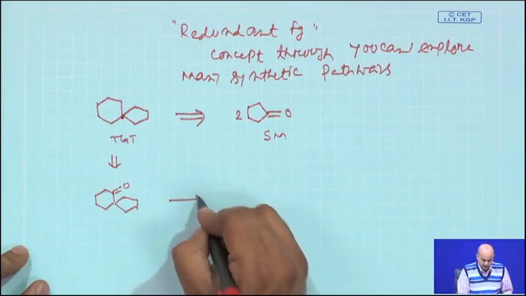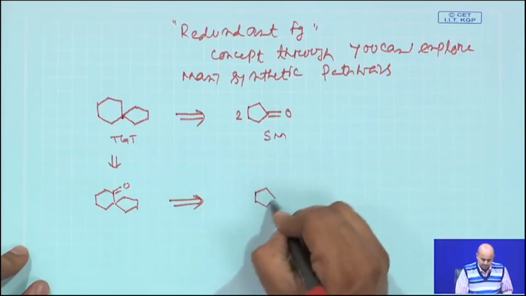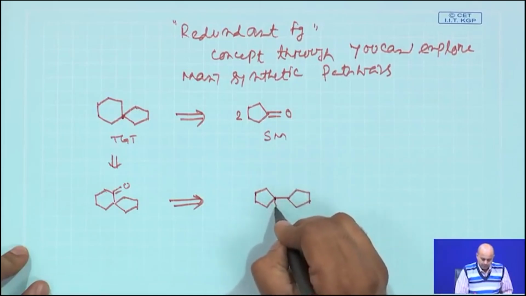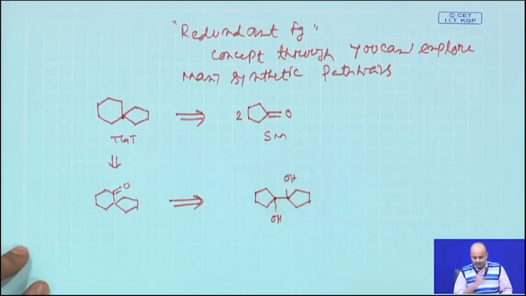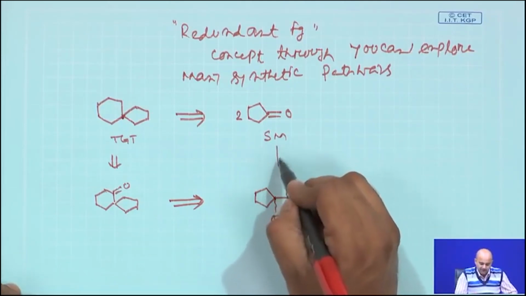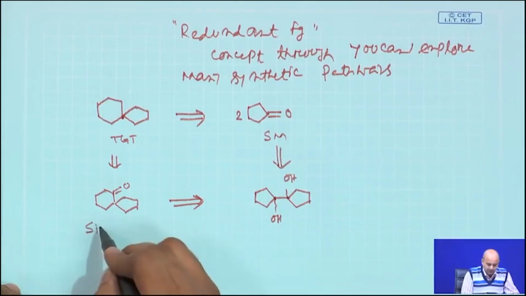So, now try to get back to your old memories. If you have some pinacol type of rearrangement, this pinacol rearrangement will basically give you this kind of spirocyclic ketone.